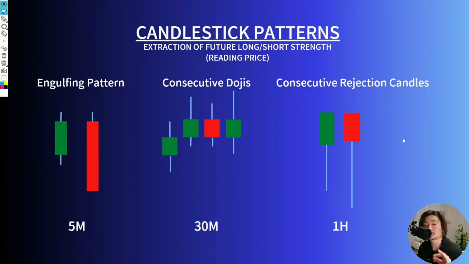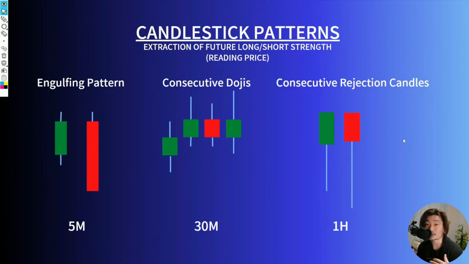Okay guys, now that I showed you the single candlesticks and the candlestick patterns, I want you to understand that there are actually more candlestick patterns out there that by theory predict the future direction of price. However, like I explained in lesson 1, I'm only going to show you the patterns that I found to be most effective in accurately extracting the future long and short strength.